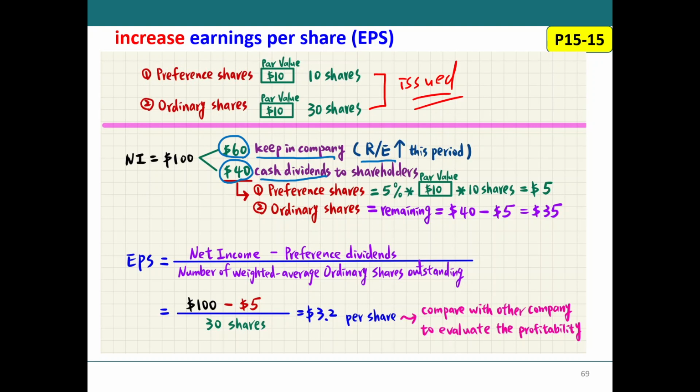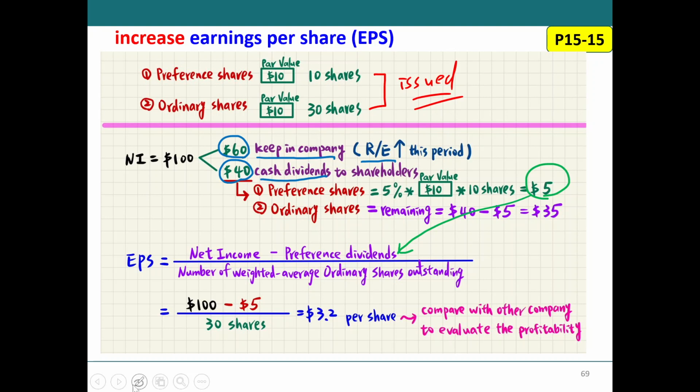Then how to compute EPS, earnings per share, based on net income of $100, right? But how much do you give to preference shareholders? $5 already. So how much profit belongs to your boss? $100 after $5 to preference shareholders, you have only $95 belonging to your boss, right?